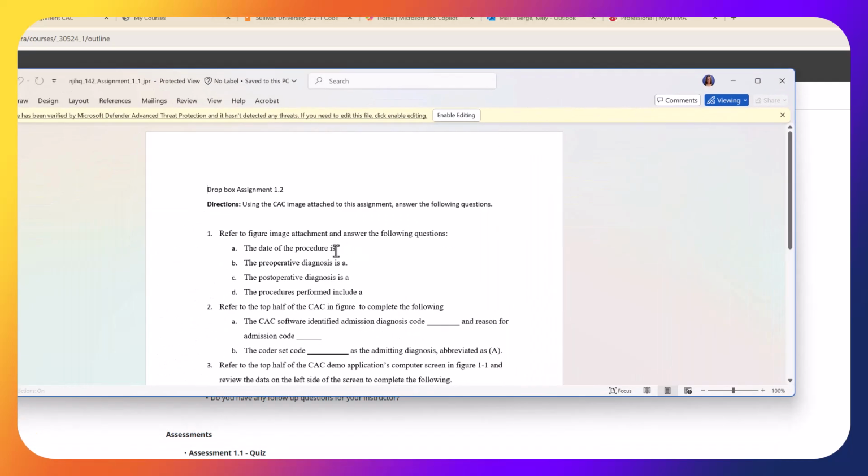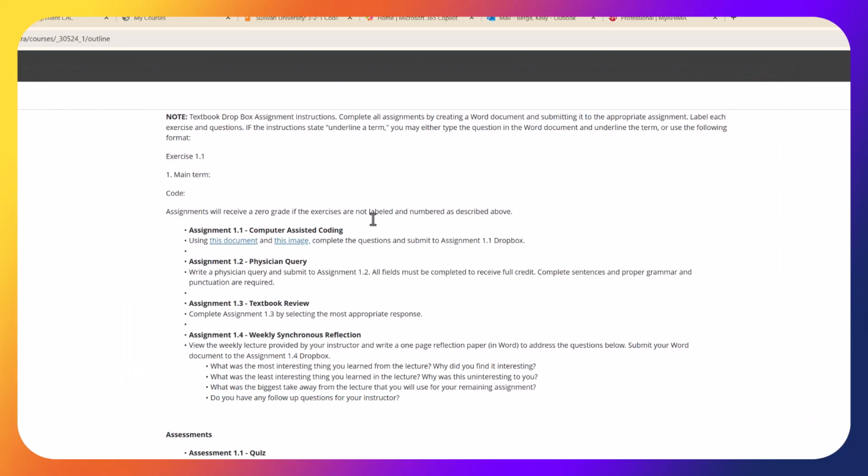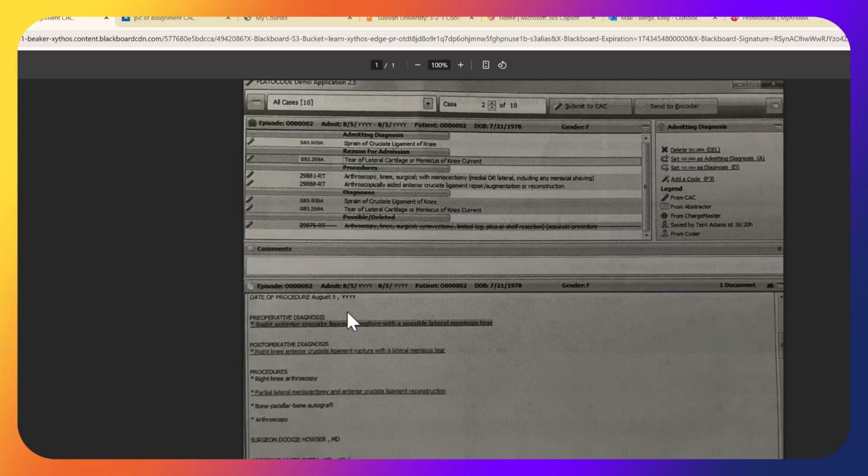So you're going to type the date of the procedure, the preoperative diagnosis, and you're just abstracting all of that information from this picture. Again, this will help you after you have read chapter 1 for the week.